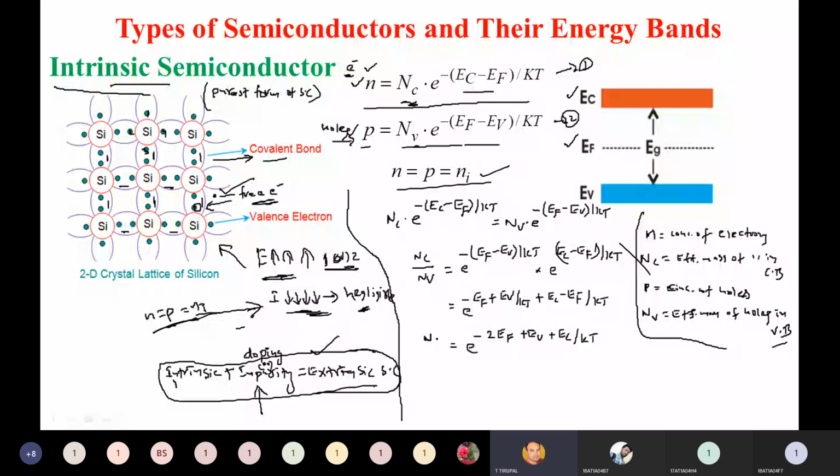Now, if you want to remove this e, what do you need to apply? The natural logarithm. The natural logarithm of Nc divided by Nv is equal to (minus 2Ef plus Ev plus Ec) whole divided by kT. Cross multiply, what happens?